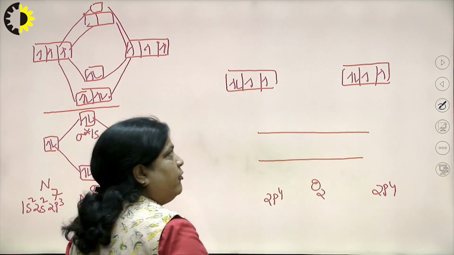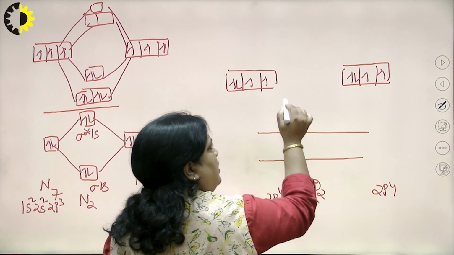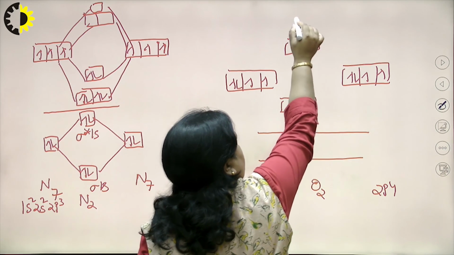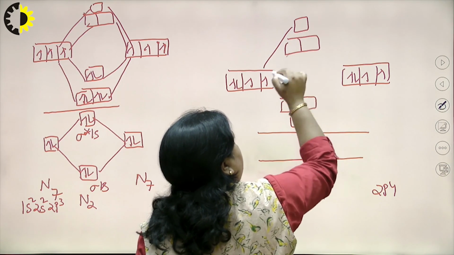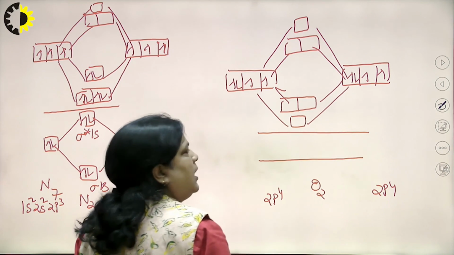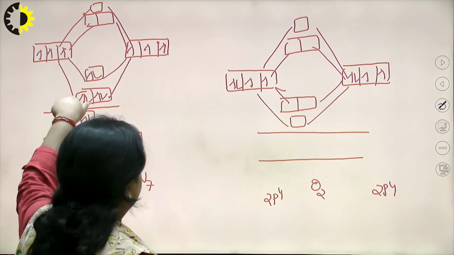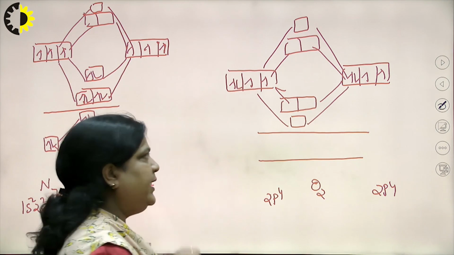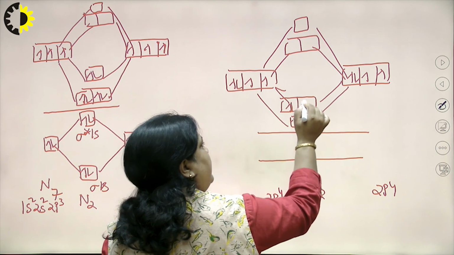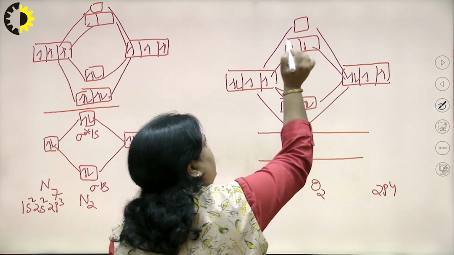Now, for more than 14 electrons, first sigma and then pi. Then pi star is the same in each and every case. Now, in nitrogen we have to fill 6 electrons, but in oxygen a total of 8. So, 1, 2, 3, 4, 5, 6, 7, 8.